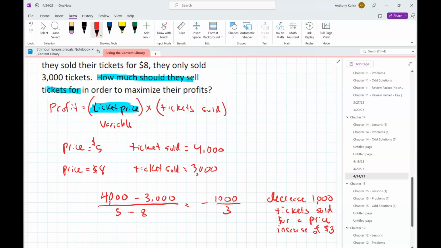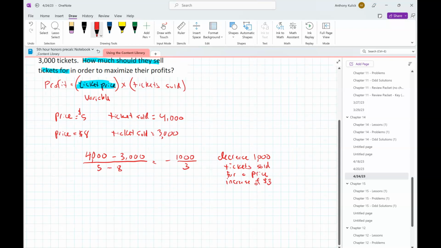Is everybody okay with that? Or really, you could think about this as 333.3 tickets decreasing per $1 change, right? Okay.